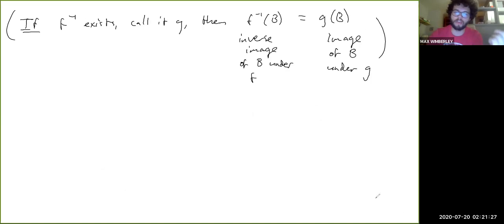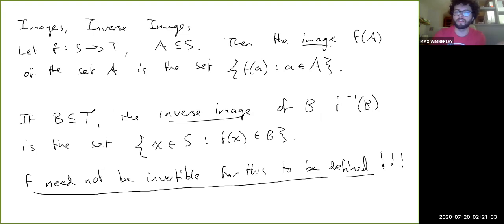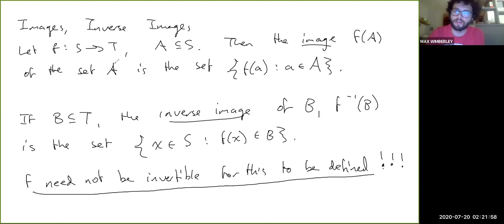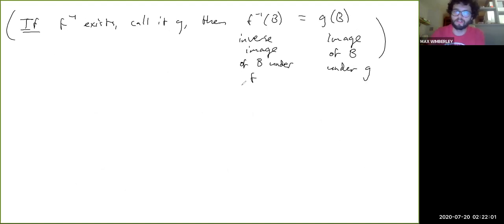What I'm saying is that if f happens to be invertible, then if you calculate the inverse image of some set in the codomain the normal way, completely ignoring the fact that f is invertible, the set will be the same as the set you get by actually taking the inverse function and mapping the set in the codomain forward through it, according to this definition up here. Those will be the same thing when f inverse exists. But of course, most of the time, f inverse will not exist.